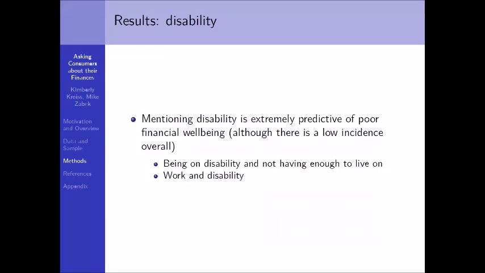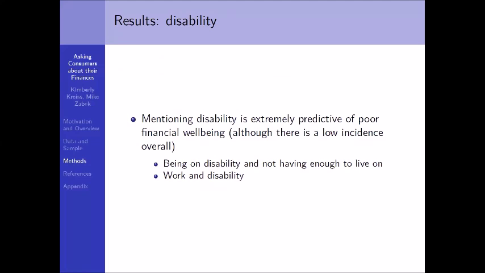So yeah, just a discussion of the results from this and how this has guided our thinking about analyzing these. So disability in particular. Mentioning disability is really predictive of financial well-being, although there was a pretty low incidence of this overall. I think it was about 2 to 3% of the sample. If you combined disability and medical, that was about 8 to 10% of the sample, I think.